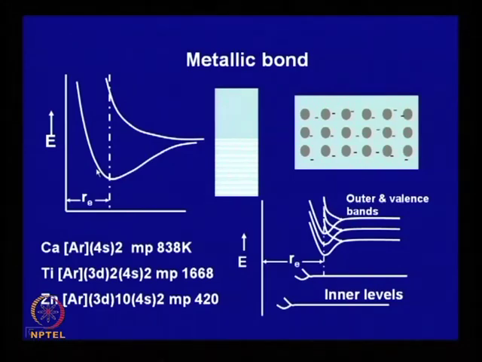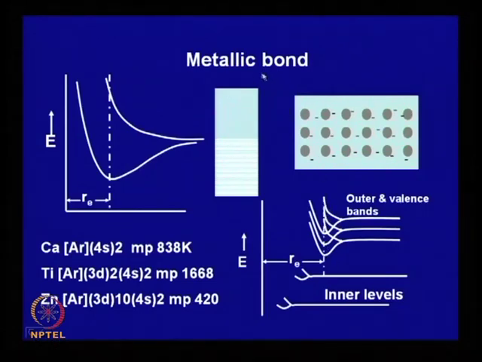But in reality, in most of the elements you have electrons moving in several orbits, which is shown here. When you bring these together, each of these orbits will split up into bands, and some of these bands will be overlapping.